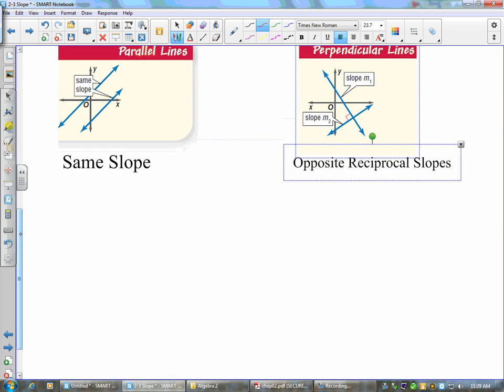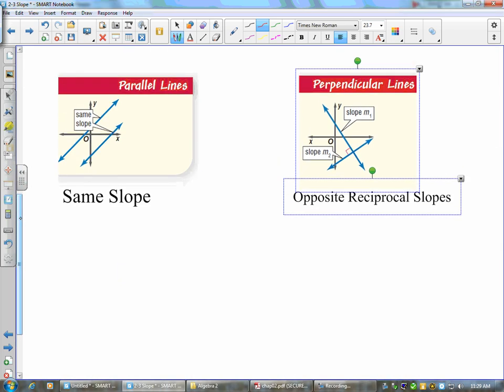The next thing you need to know is about parallel lines and perpendicular lines. Parallel lines have the exact same slope. So if the line over here is 1/2, the slope on this line also has to equal 1/2. When lines are perpendicular, they're opposite reciprocals of each other.